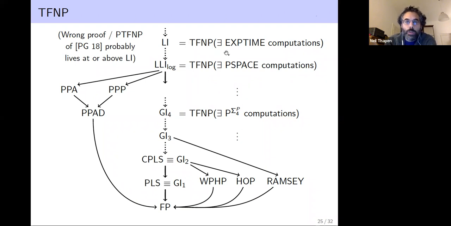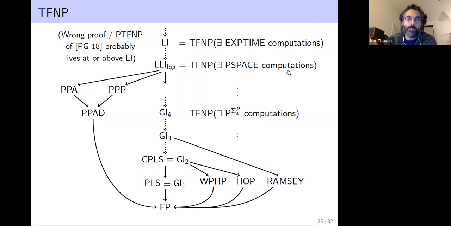And I've just drawn here as well this note that because of Buss's theorem and this connection between the theories and the types of computation, we've got another way of looking at these principles. So this one, say, is actually the set of TFNP problems that are provably total under this assumption, which is my shorthand for the statement saying that every X time machine has a computation.